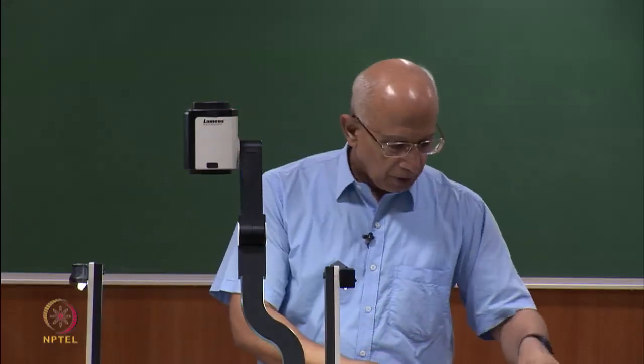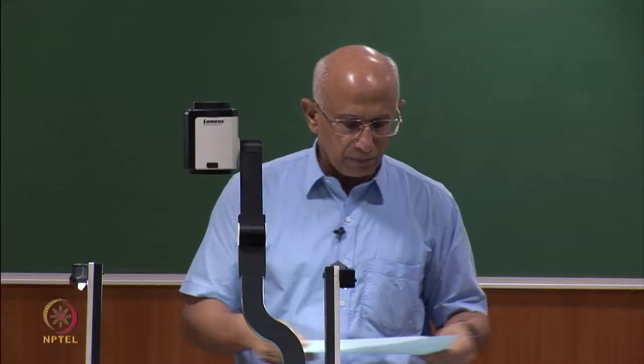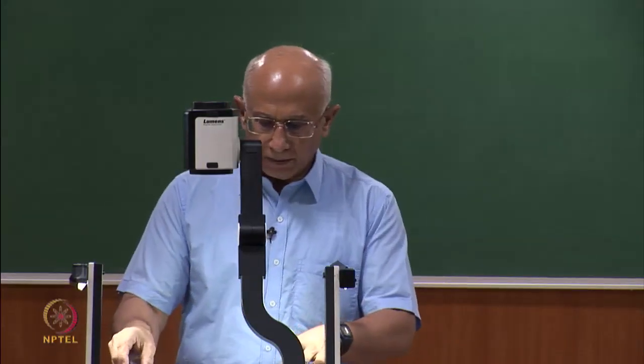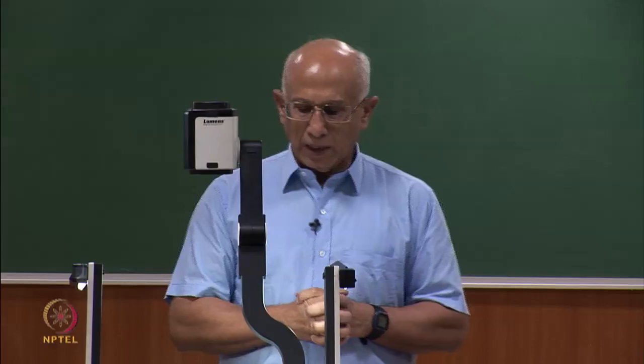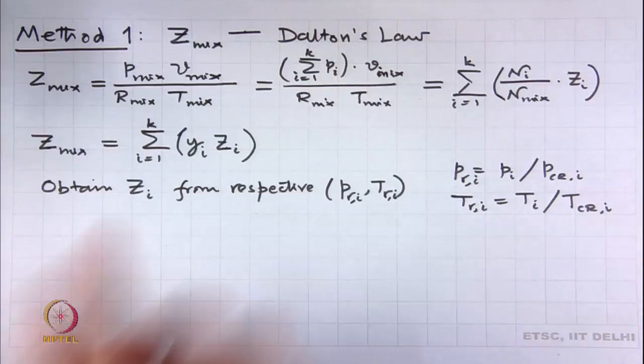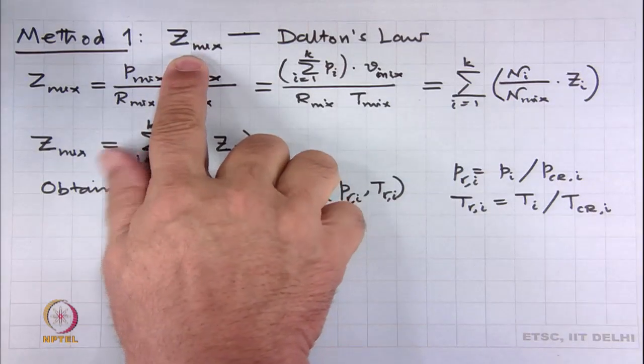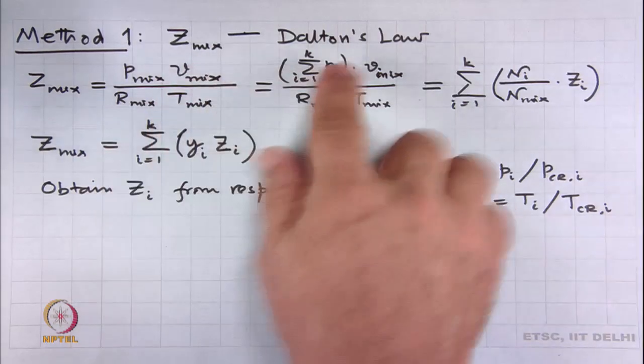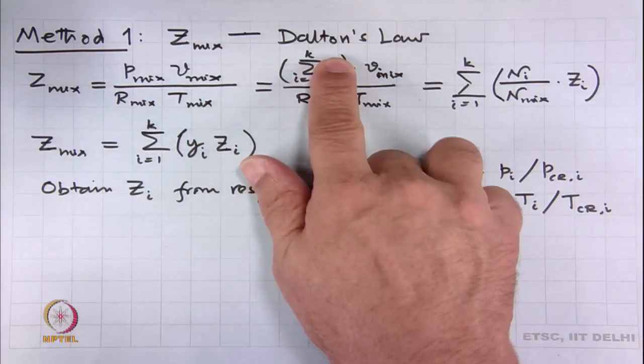So, we have two methods for tackling this problem. Method 1 is that we predict the compressibility factor for the mixture by Dalton's law.